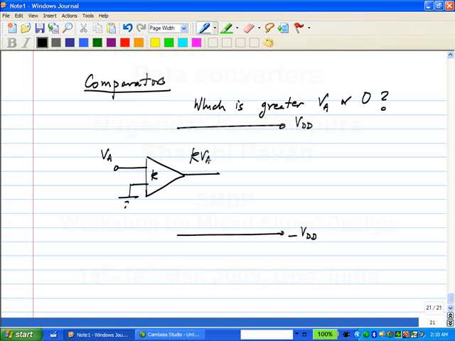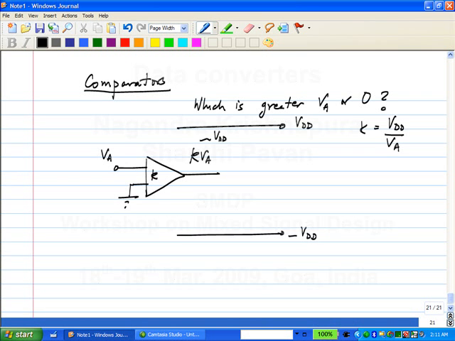And you want this to reach something close to VDD or something close to minus VDD. So in other words, if this has to be approximately VDD, the K required will be how much? If the input is VA and you want the output to reach VDD, you need a K of VDD by VA.